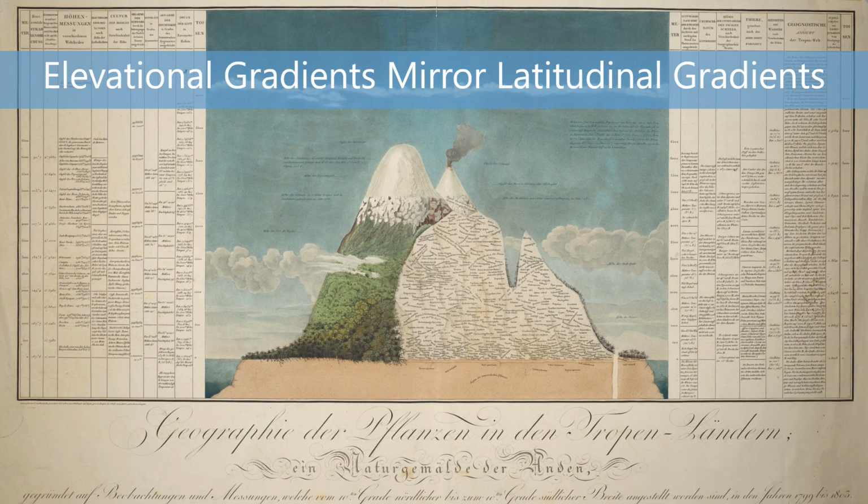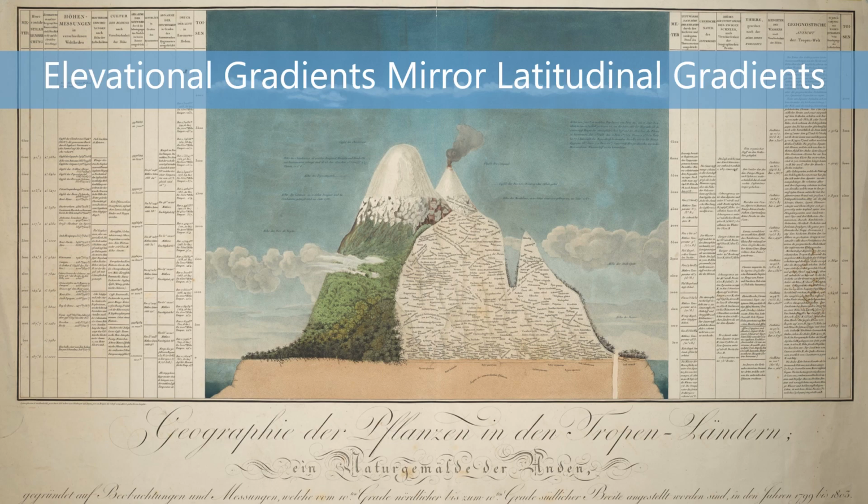And what he noticed was, he did a lot of traveling, and in his travels he recognized several important things. When he was hiking up some of these different mountains, the changes in vegetation paralleled those that you would see across changes in, sorry, across latitude. So he would see these changes in communities.